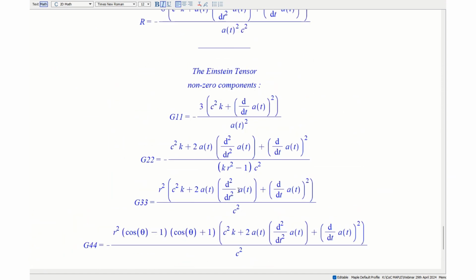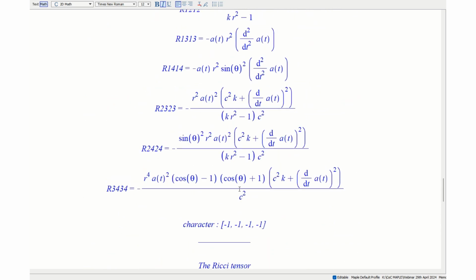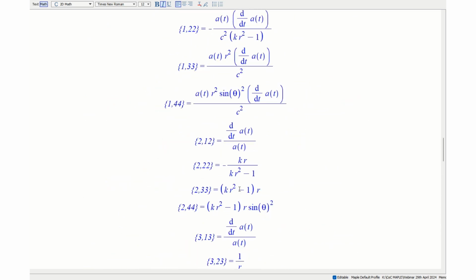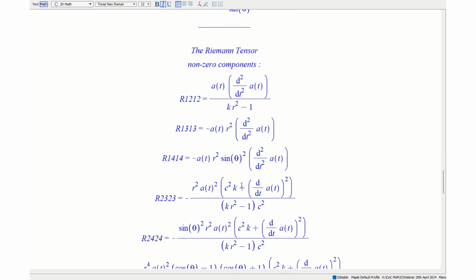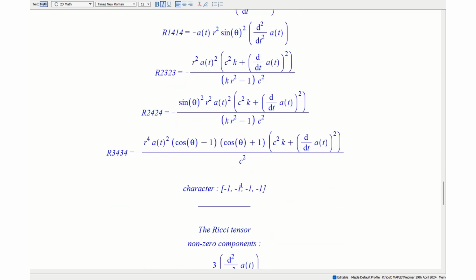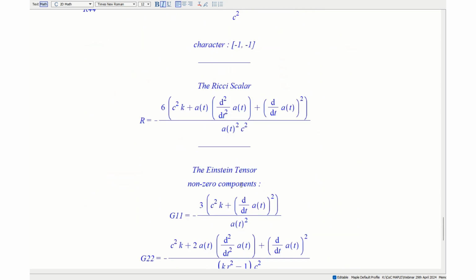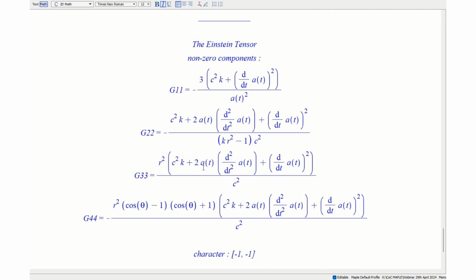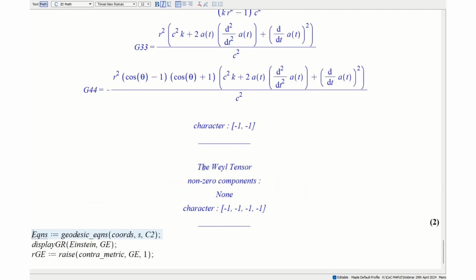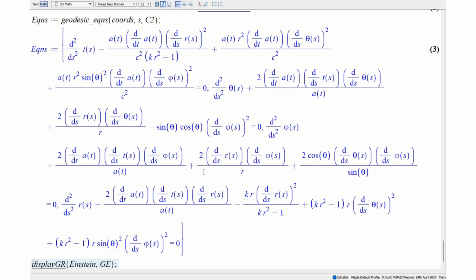the output. So here you can see the Christoffel symbol of the second kind for the Robertson-Walker model. This is the Riemann tensor, Ricci tensor, and Ricci scalar you can see on your screen. Then the Einstein tensor non-zero components you can see. Now I'm running the command for the geodesic equation.